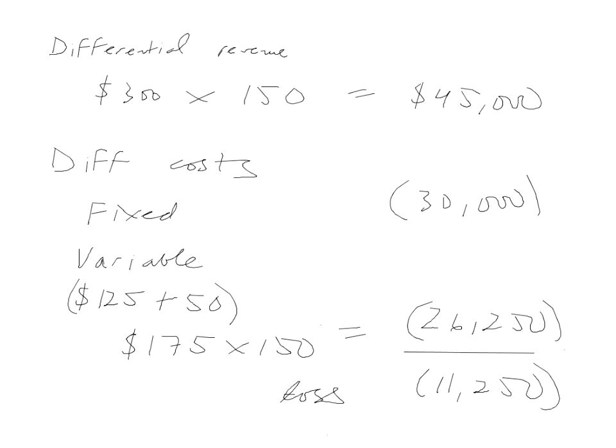So our costs are 30 plus 26, that adds up to 56,250. That exceeds our additional revenue. So it's going to cost us more to build these extra 150 desks. All right, so B2 says, should CompDesk produce desks on the weekend? And according to our calculations, that answer should be no.